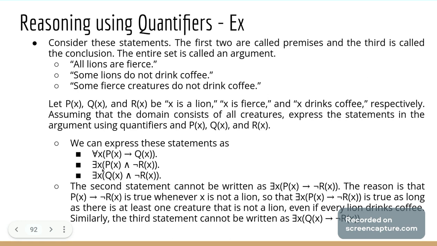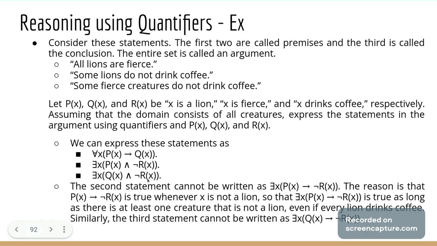There exists x, P of x and not R of x. That means there exist lions that do not drink coffee. The third statement is there exists x, Q of x and not R of x, because the third statement does not mention lions, it just mentions fierce creatures. So we are saying there exist creatures who are both fierce and do not drink coffee. So these are the three statements.